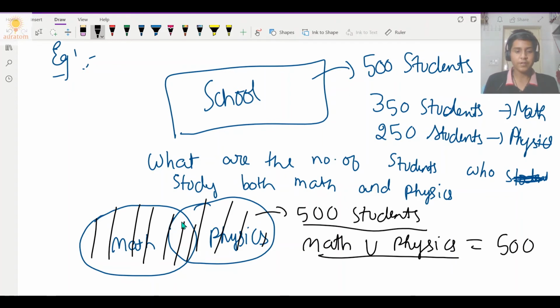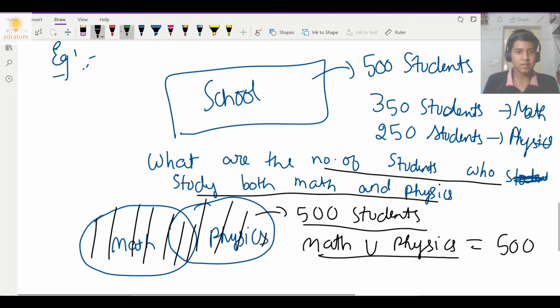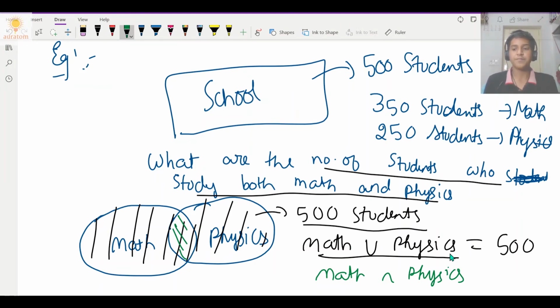And what we need to find is the number of students who study both math and physics, that is this part over here, the common part of the sets math and physics, which is math intersection physics. That's what we have to find. And here we can use the inclusion exclusion principle to find the answer. Let me show you how.